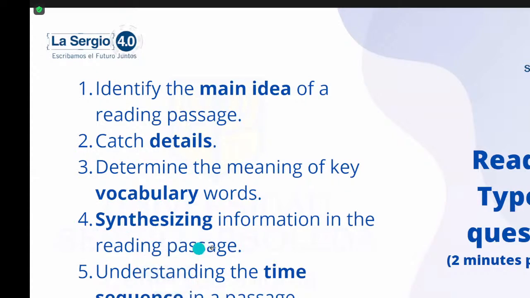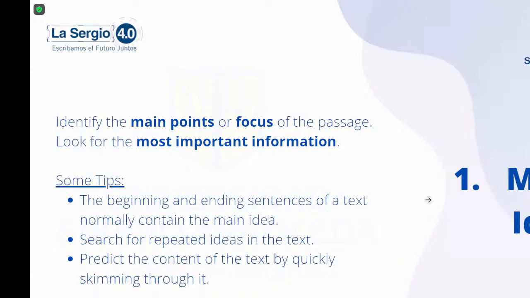Usually they ask you for purpose, for example, what is the purpose of the author? And a time sequence in the passage. So these are the 5 types of questions. Of course, number 4 and number 5 are the most difficult, where you have to do a more critical process. So we're going to work today on those different types of questions, okay?